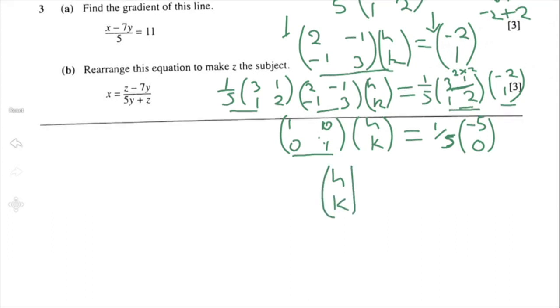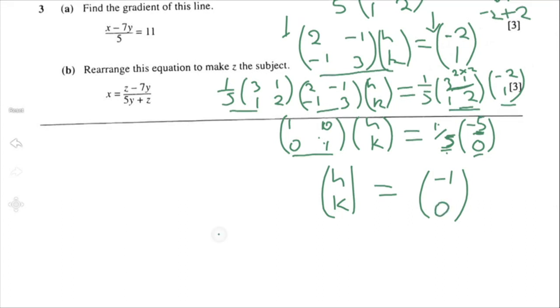So multiplying that matrix hk by the identity matrix, you get that matrix hk. Now on the right hand side, we multiply by the scalar 1 over 5 with that negative 5. What's 1 over 5 multiplied by negative 5? You should get a negative 1. And 1 over 5 multiplied by the 0 gives 0.